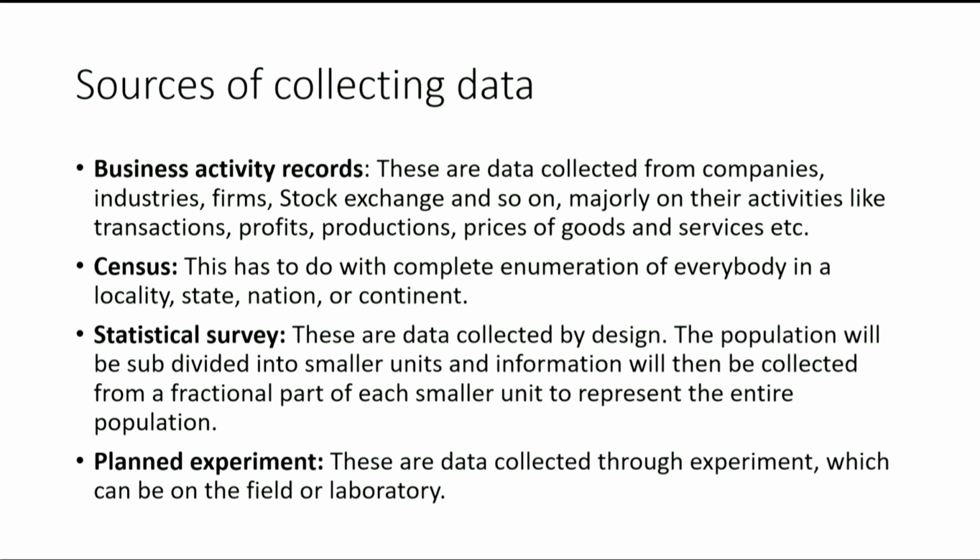The population will be subdivided into smaller units, and information will then be collected from a fractional part of each smaller unit to represent the entire population. The next one is by planned experiments. These are data collected through experiments, which can be on the field or in the laboratory.